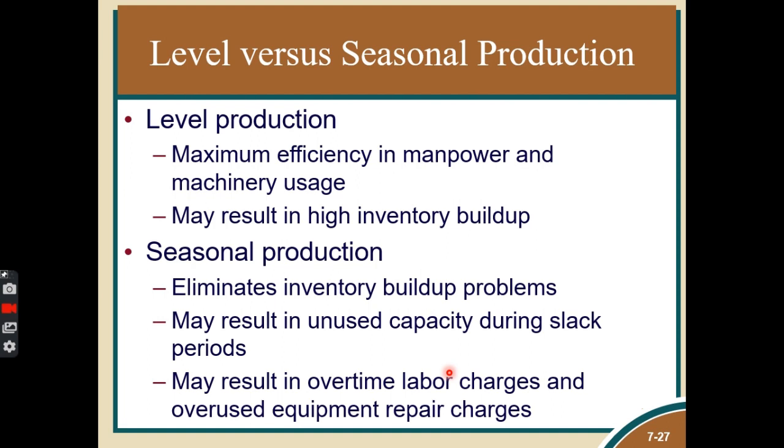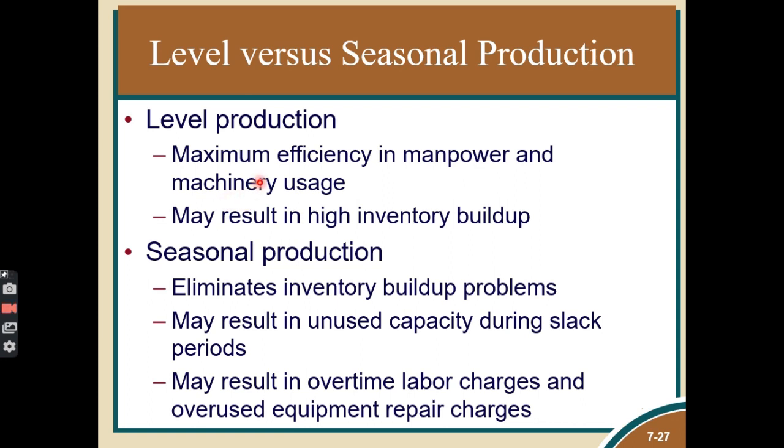Okay, so we are now going to discuss the concept of how we are going to determine our production level based on the seasonality or based on the kind of operations that we have. So, under level production, just like what we discussed in the previous chapter, we are going to produce the same amount of goods from one period to another, wherein we are maximizing the capacity of our manpower and our machinery.